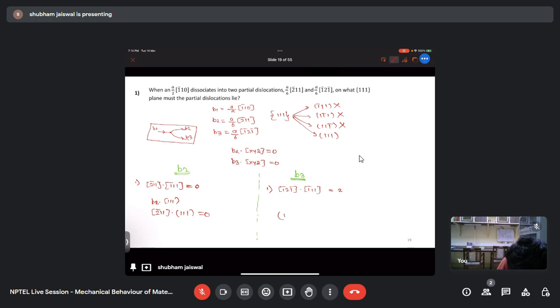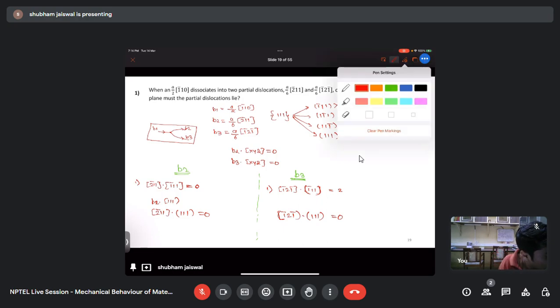Similarly here, 1 bar 2 1 bar into 1 1 1 equal to 0. So B2 and B3 give 0 for only the 1 1 1 plane. So the correct answer will be the 1 1 1 plane.